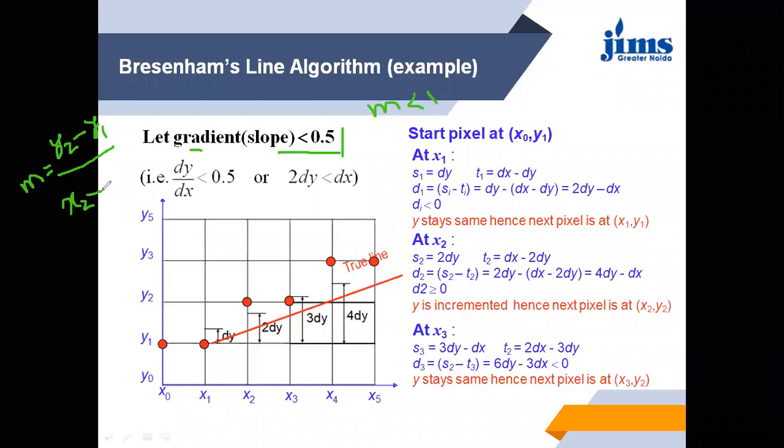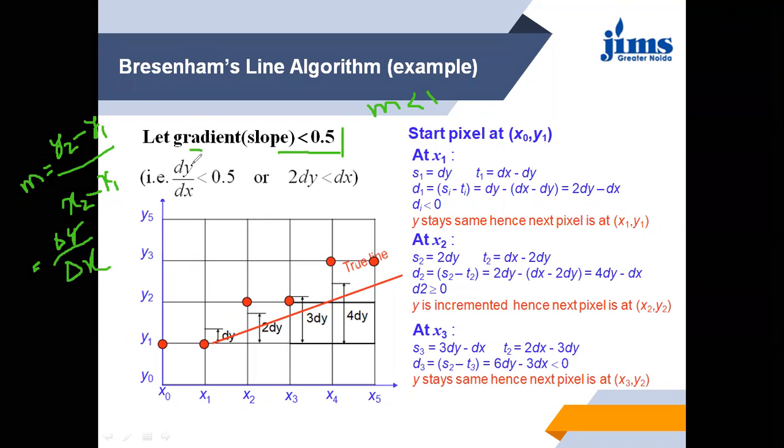The above value, y2 minus y1, is called delta y. So we can easily find the value of delta y and the value of delta x.